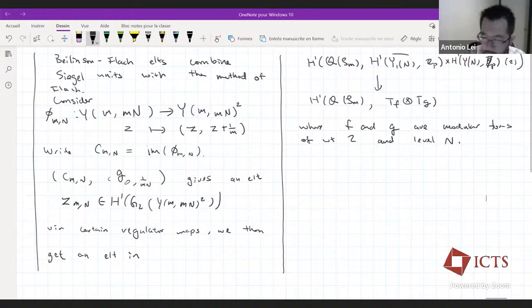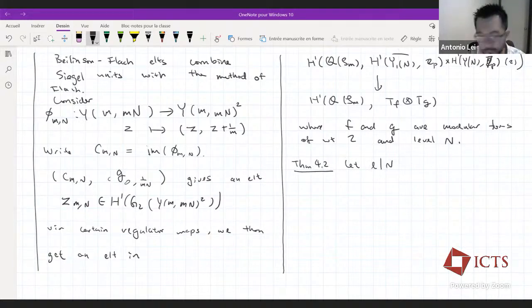So let me describe them to you now. So I describe the norm relation when L divides N and L divides M. So this is the simplest one.